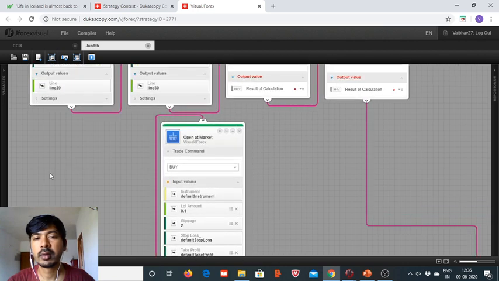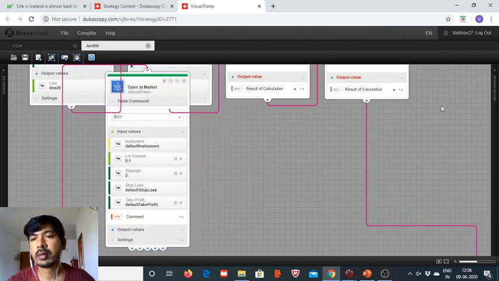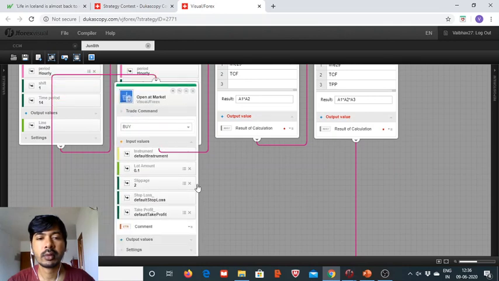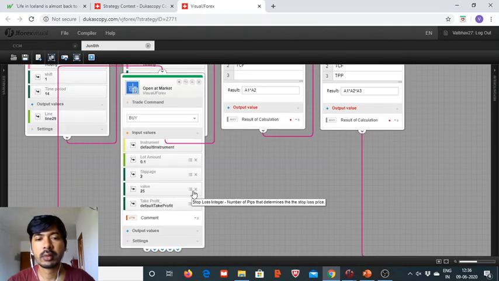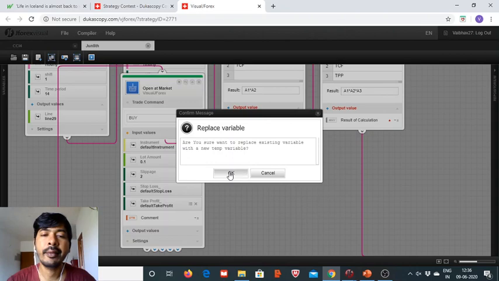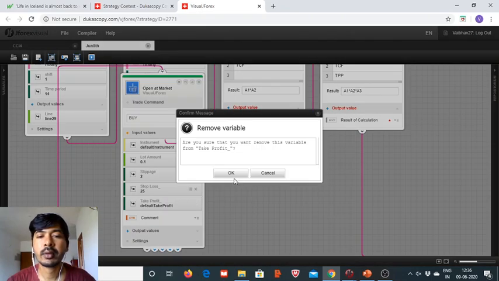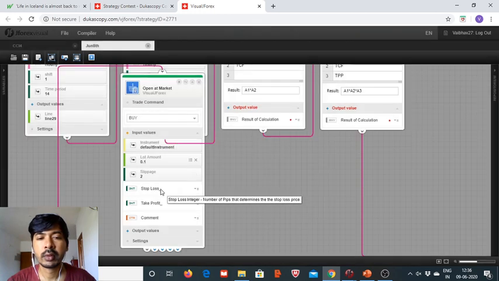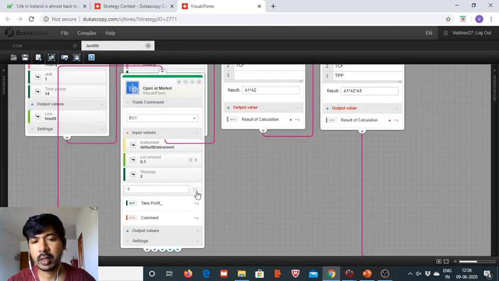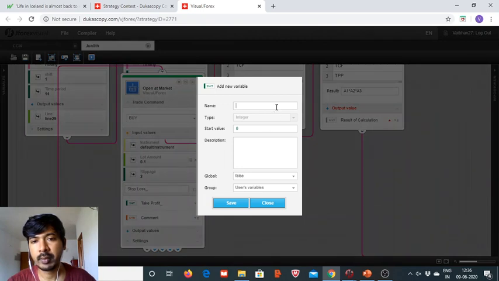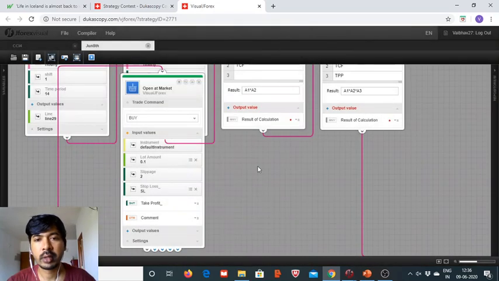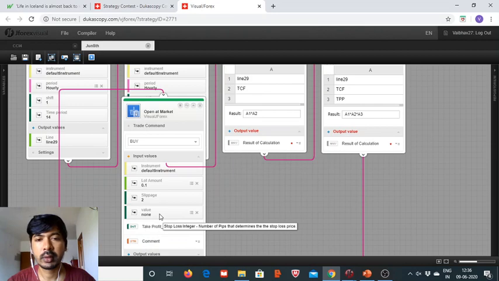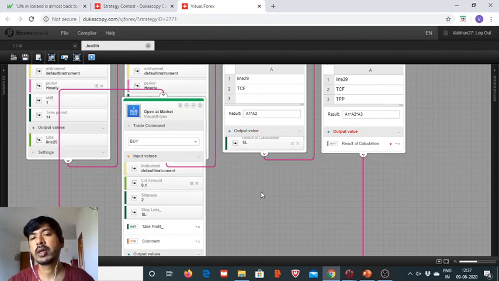and here we define a new variable. Let's name it SL. We are not taking any value here, and the SL will be the result of the calculation.